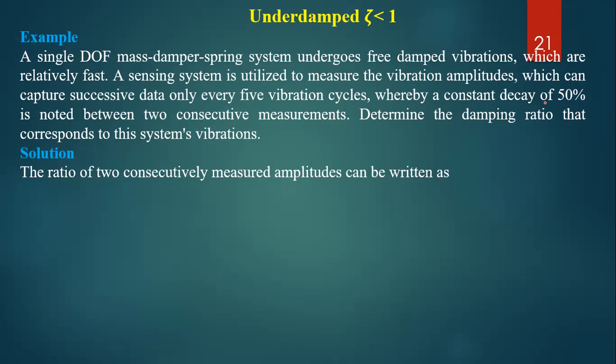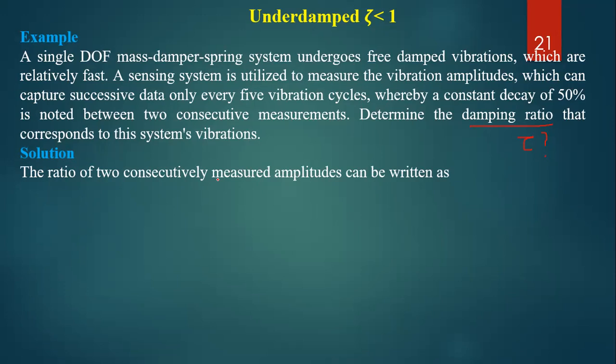We cannot observe it in the first cycle, second cycle, third cycle, but in the 5th cycle, a 50% constant decay of the amplitude is observed. So what we are going to determine is the damping ratio, zeta. How can we calculate it? What is the solution?